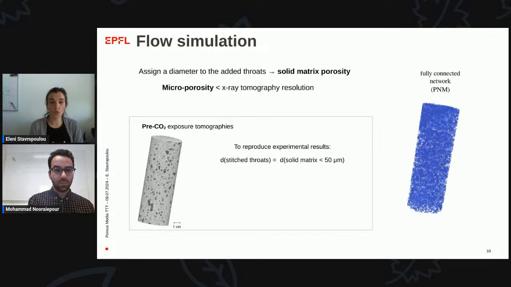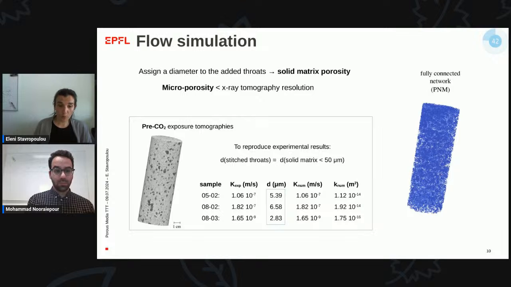We know, as we saw before, that there are pores smaller than 50 microns that we cannot see, and so we are going to consider that these additional throats represent the microporosity of the material, or what we call solid matrix porosity. So we're trying to fit these throats with a diameter that is obviously lower than 50 micron.